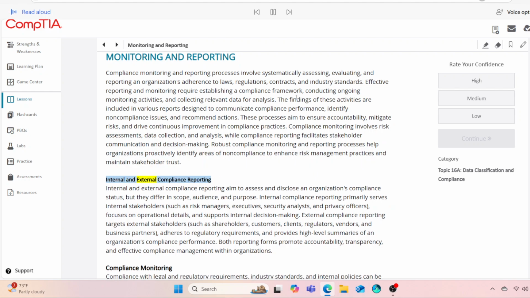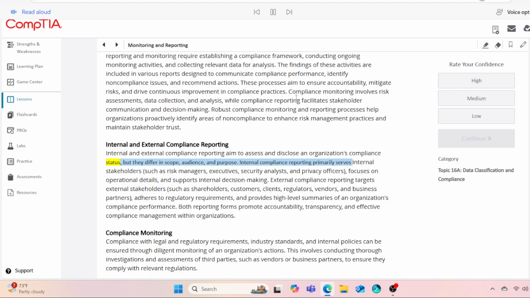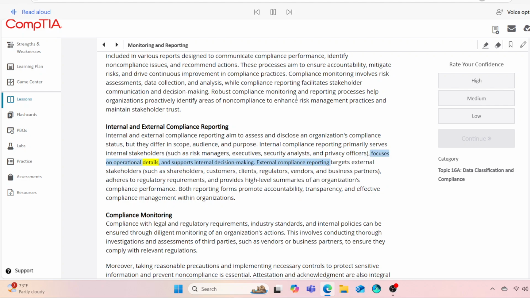Internal and external compliance reporting. Internal and external compliance reporting aim to assess and disclose an organization's compliance status, but they differ in scope, audience, and purpose. Internal compliance reporting primarily serves internal stakeholders such as risk managers, executives, security analysts, and privacy officers, focuses on operational details, and supports internal decision-making.